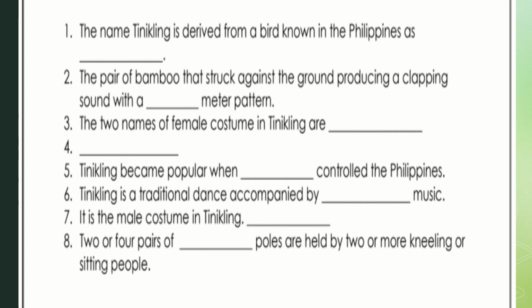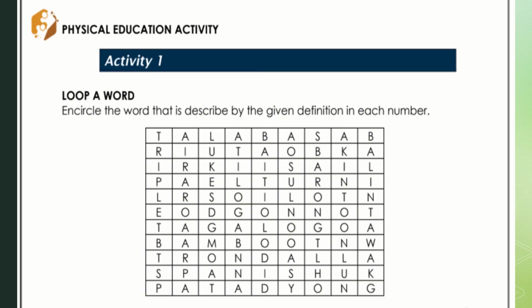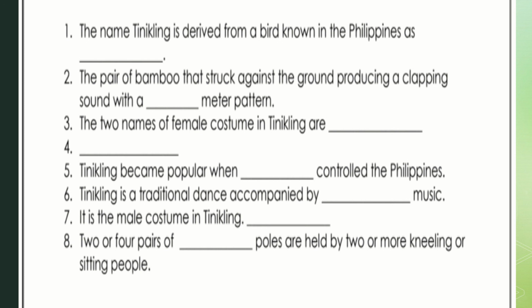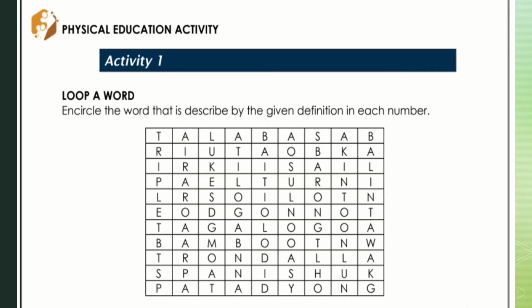So you need to find your answer in this loop word. Just encircle your answer, or if you have a highlighter, then you can highlight your answer. That's how you're going to do it from number 1 to number 8. Instead of writing your answer on the blank, just encircle your answer in the loop word.